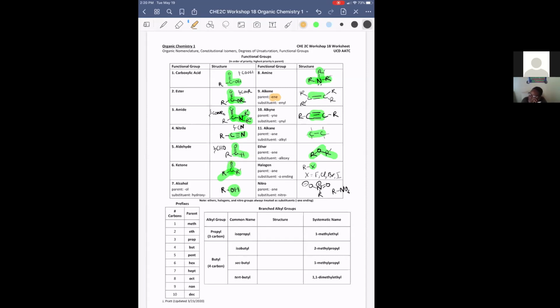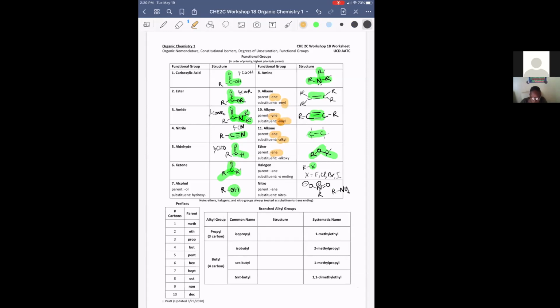And if we're treating our double bond as a substituent, right? So if there's a double bond that's attached to a longer carbon chain, we'll add YL. And then we'll use YNE for our triple bond alkyne. And then enol. Our alkanes, which are just our carbon single bonds, will have an ANE ending, and it'll be alkyl as a substituent. And then for our ether, it's still an ane species.